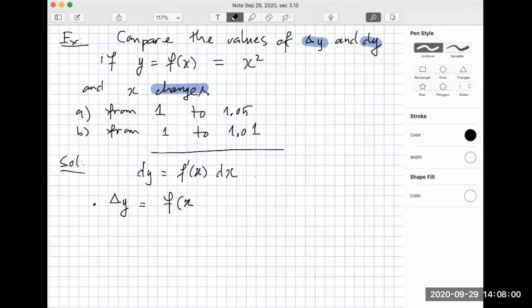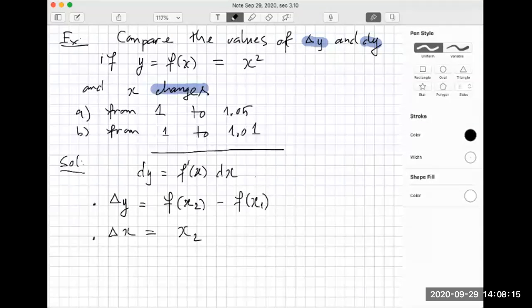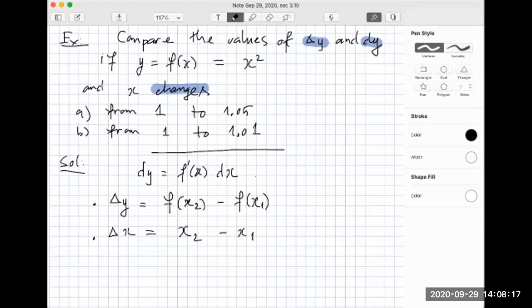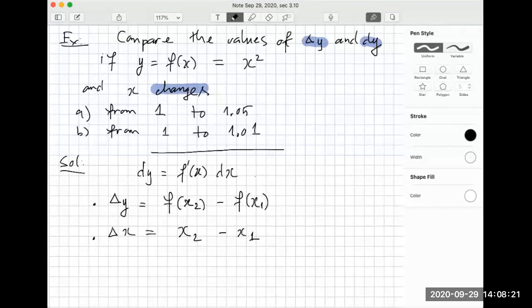Let us call it f of x2 minus f of x1. Okay? And delta x is the difference between the 2 points. And from this, it is clear that dx is also this difference.